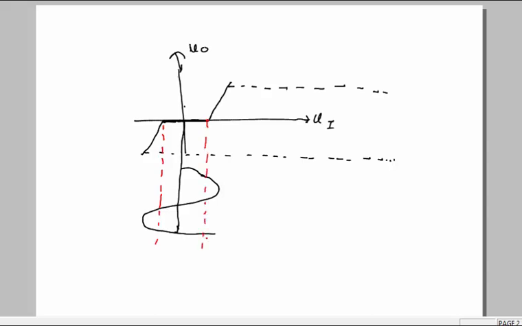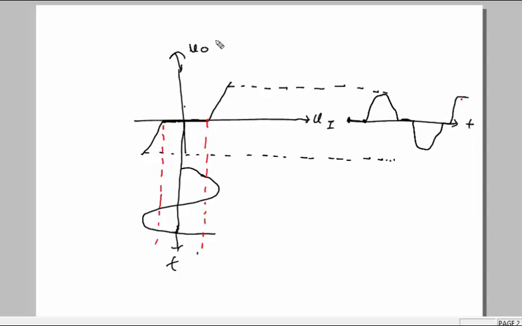If we make the output on the time axis based on this, starting from here to here there will not be any output, and then there will be an output like this. Similarly in the negative cycle, from here to here no output, and then we get output from here, and this will repeat.